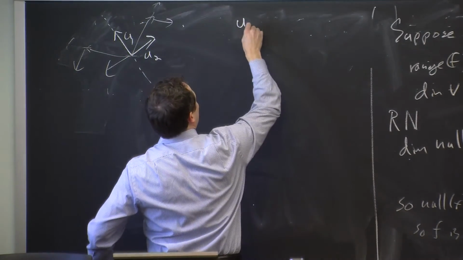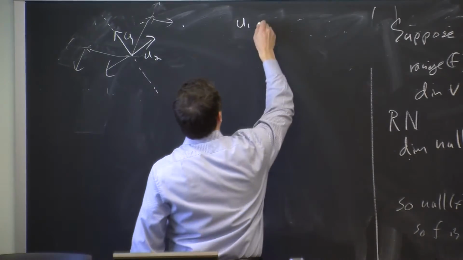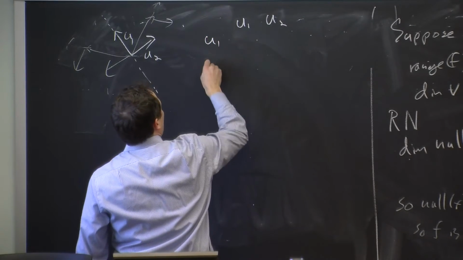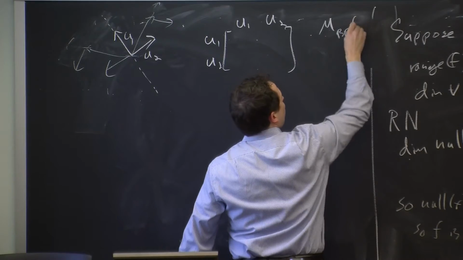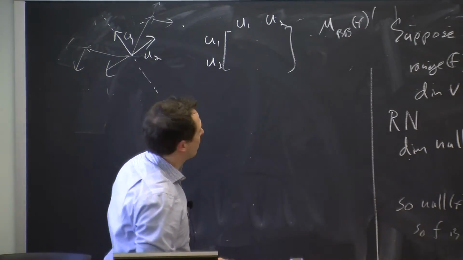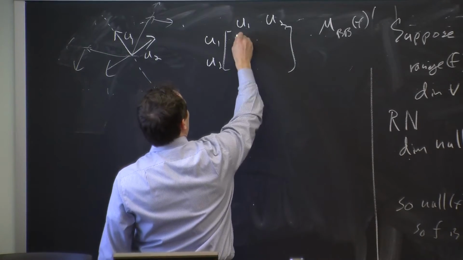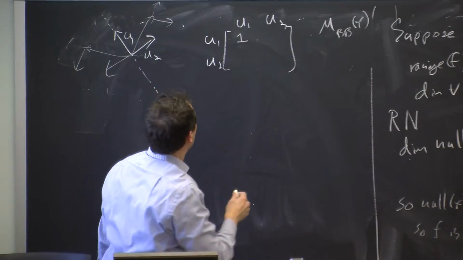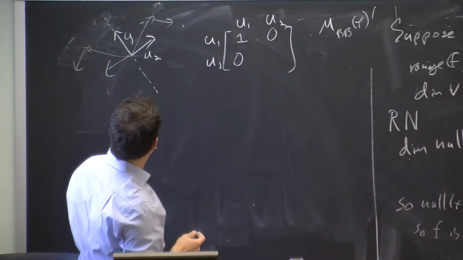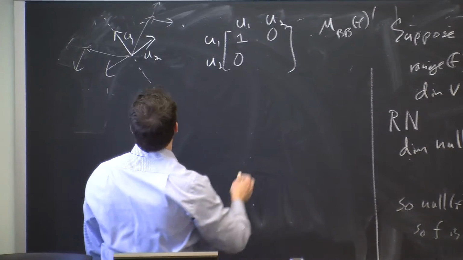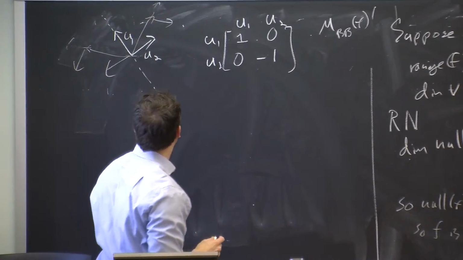So on that basis, our domain and our codomain are the same vector space, so this is just the case of M_BB of F. The basis is the same for both the domain and the codomain. So u1 gets sent to u1, so I put a 1 there. I put zeros here because there's no component of u1 in the image of u2, and vice versa. And u2 gets sent to negative u2.